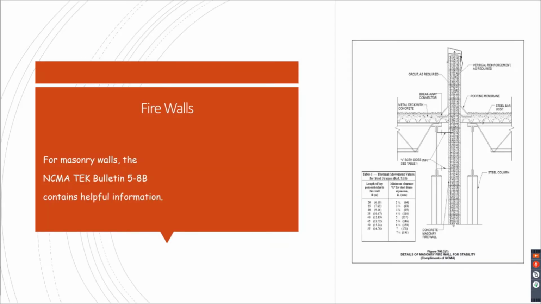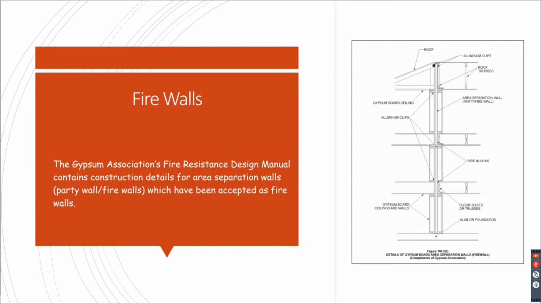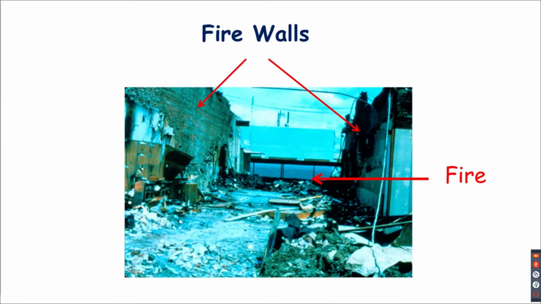And then these are just some examples, just pulled out of different resources that you can easily look up as well. This is just an example for masonry walls that's taken from the NCMA Tech Bulletin, and an example of one from the JIP Association, and that picture again, just to reiterate what this is supposed to look like if a fire does occur.